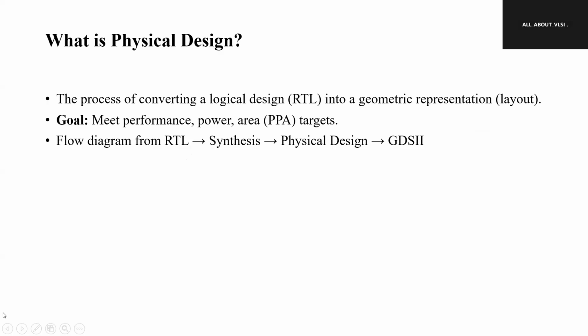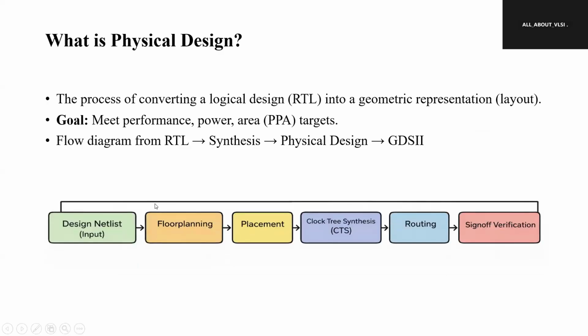Okay, and this is the flow, right? First is the design netlist input. After that, we do floorplan, placement, and CTS. After that, routing, and finally sign off checks. After sign off, we create one GDS2 file.